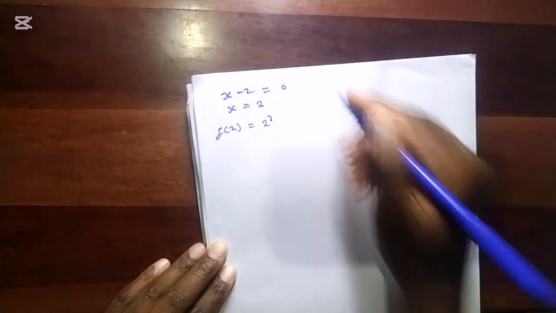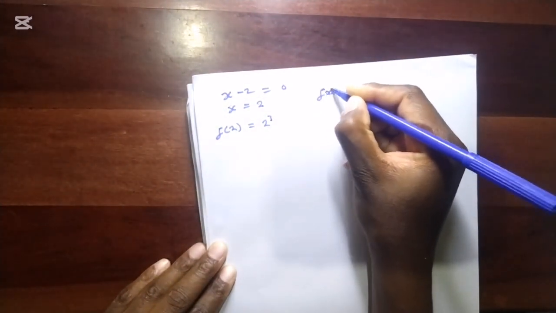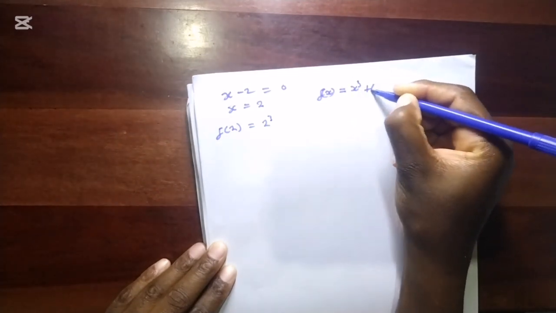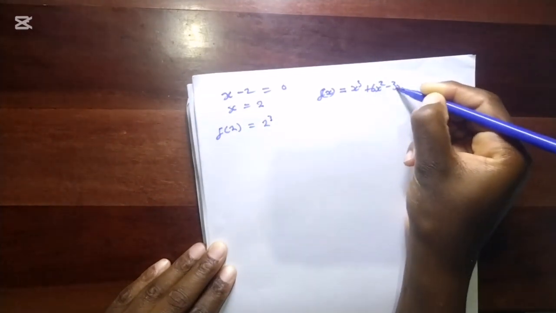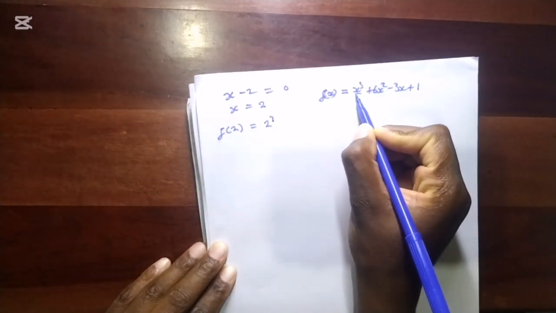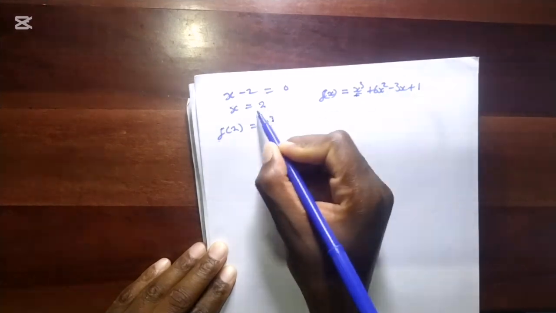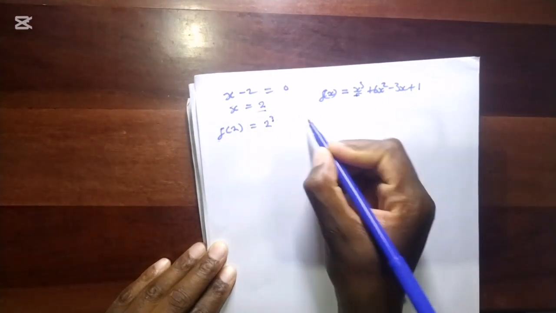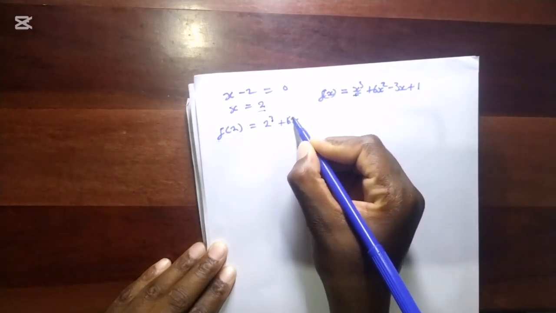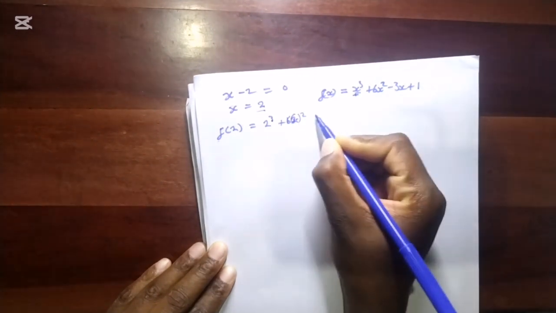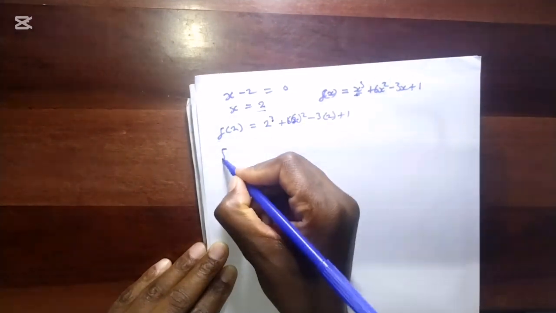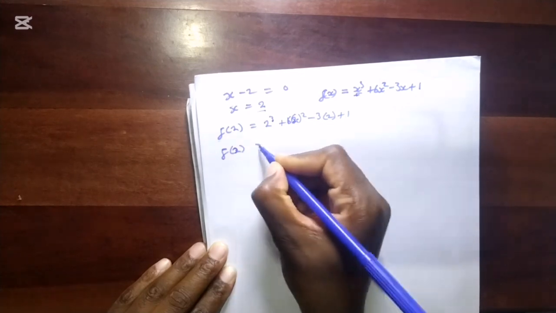Originally our f of x was x cubed plus 6x squared minus 3x plus 1. So now we're just replacing our x with 2. So we get 2 cubed plus 6 times 2 squared minus 3 times 2 plus 1. So our f of 2 is equal to 27.